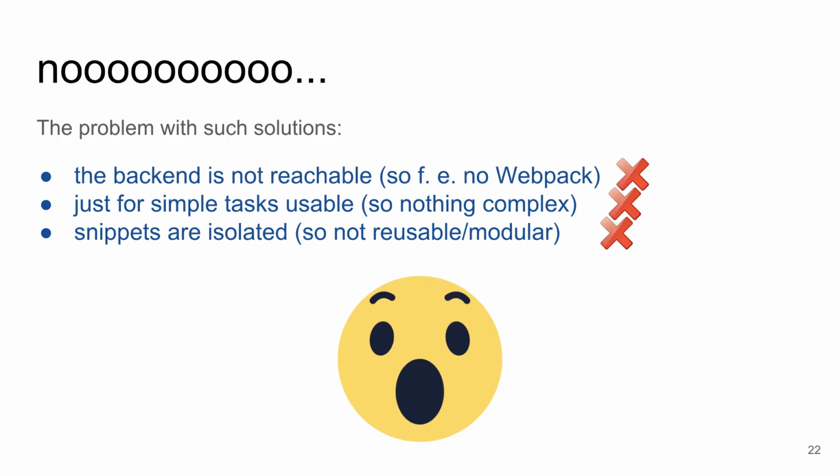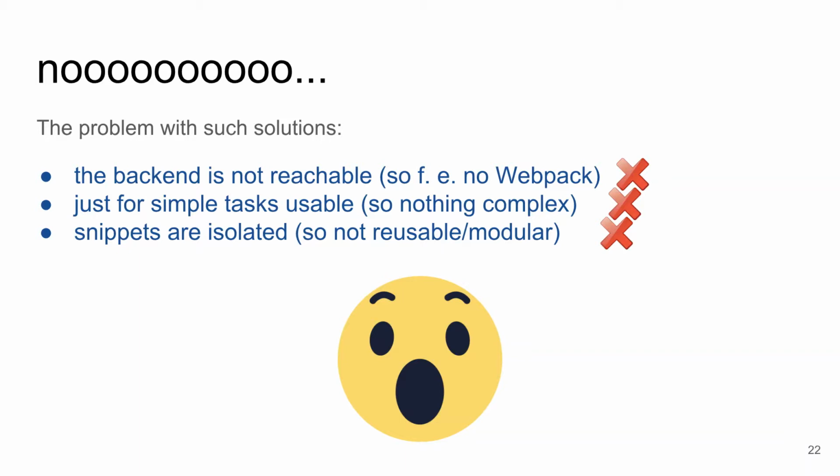For example, it is not possible to connect to a backend of such a code editor in order to run a module bundler like Webpack or just set up an additional server for your API calls. As previously mentioned, those code editors are meant to be used to create and test small snippets. Reason for this is either the absence of the possibility to create a project structure or the limitation on it.